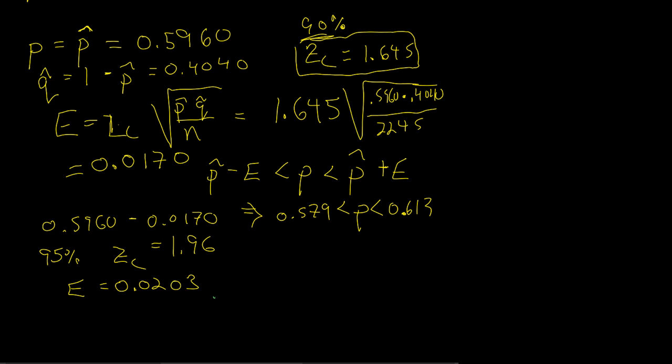And again, my range is going to be P minus E is less than the population proportion, which is less than the sample proportion plus E. And so I have this upper end and lower end. Well, I'll come here to the calculator and enter these in.